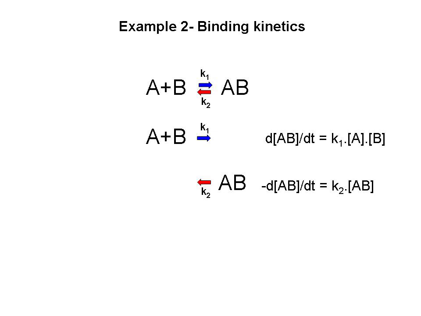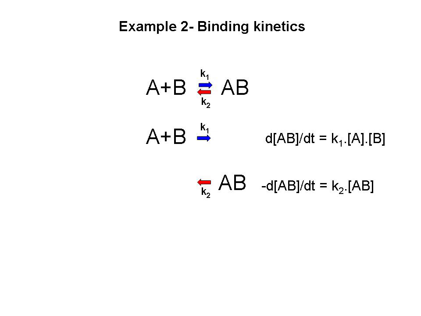And the rate of movement from complex to free form is directly proportional to the concentration of AB times the K2 constant. K2 constant is the probability of one AB complex to disintegrate for a given amount of time.